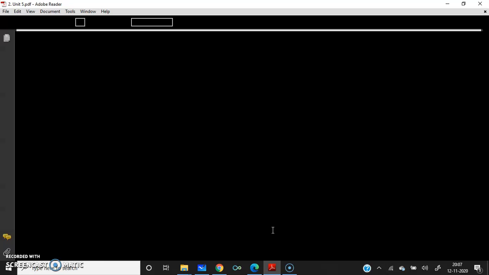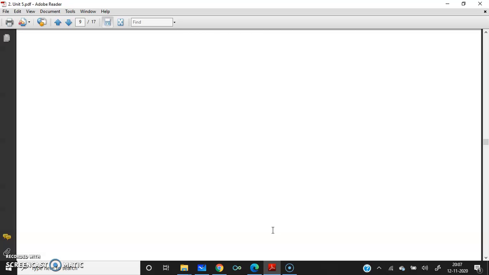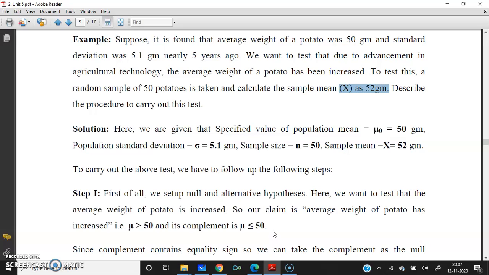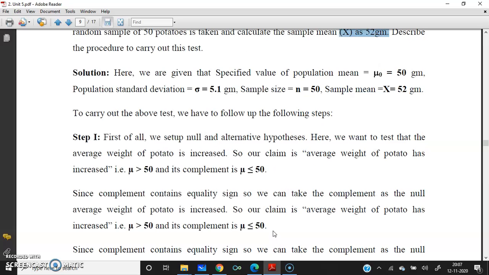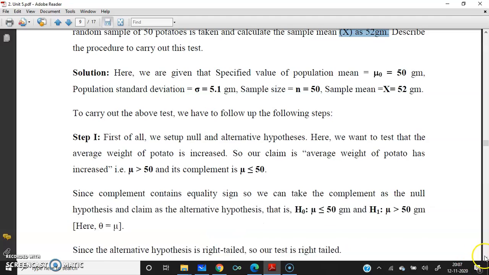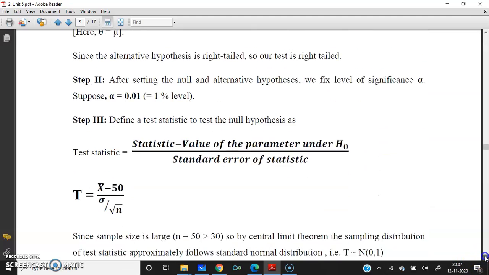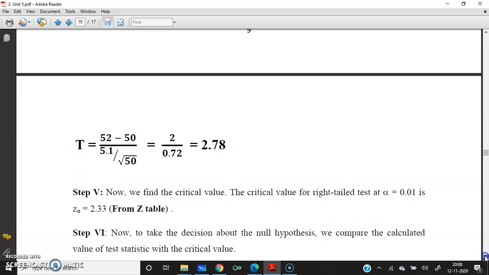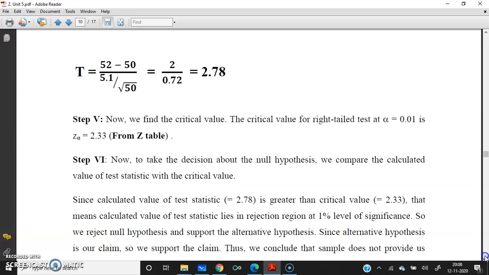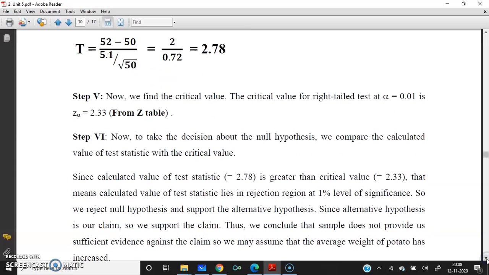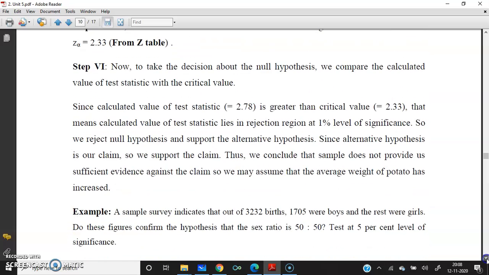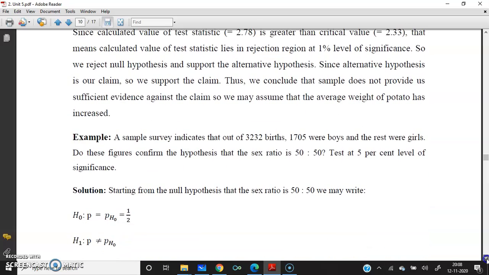Next sum: a sample survey indicated that out of 332 birds, 1705 were boys and the rest were girls.